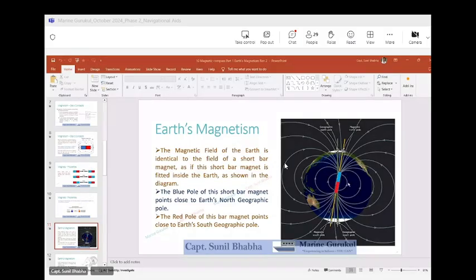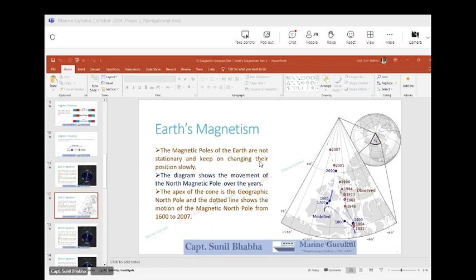We saw that the Earth's magnetic field is exactly as if there is a bar magnet fitted inside the Earth. That's how God has made it. So the magnetic field of the Earth matches with the magnetic field of a short, powerful bar magnet fitted inside the Earth. We saw that the magnetic poles of the Earth are not fixed and they keep on changing their location.